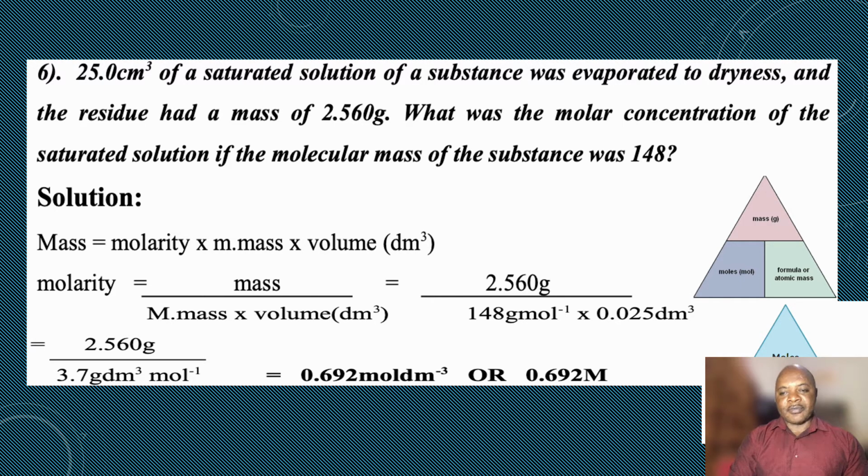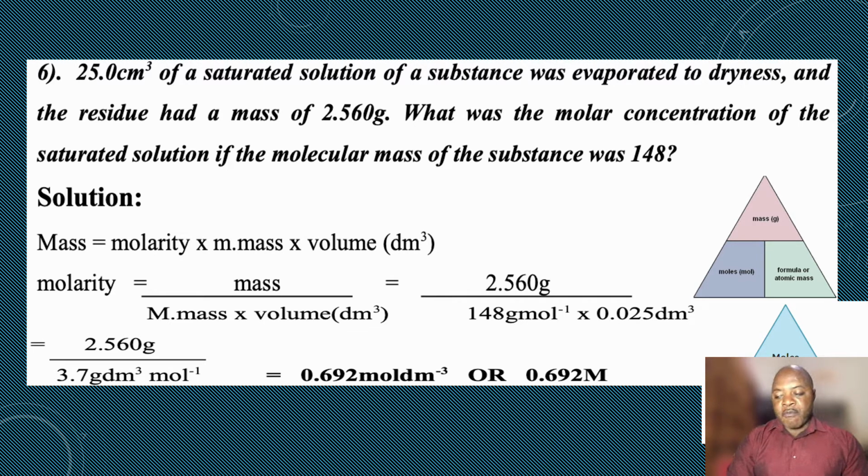The first thing is you can use the formula, which is mass equals molarity times molar mass times volume in dm cube, and then make molarity the subject, and you have your answer. If you don't want to use that, method number 2 is as follows.